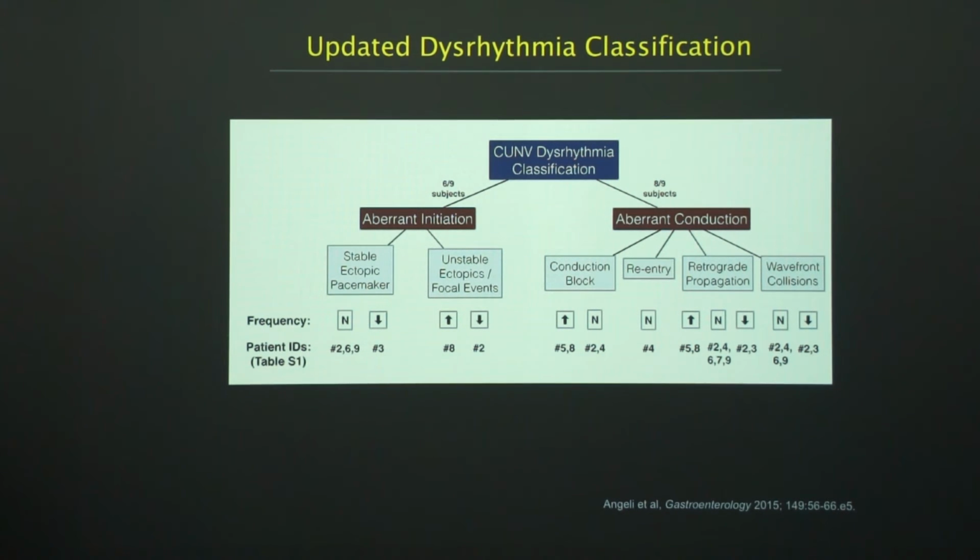It's important to note, both in chronic nausea and vomiting and also gastroparesis, that a number of the patients exhibited these spatial dysrhythmias with normal frequency. In this frequency graph, anywhere we see N means normal, and we can see that there were a number of patients across this cohort that exhibited spatial dysrhythmias at normal frequencies.